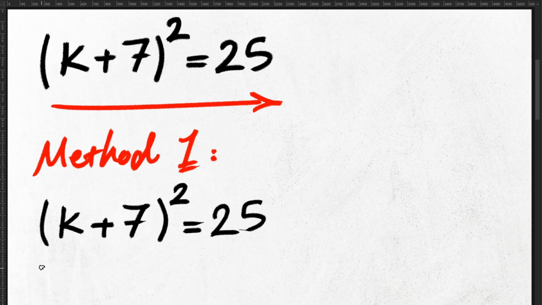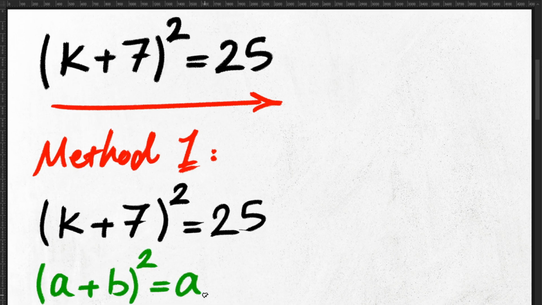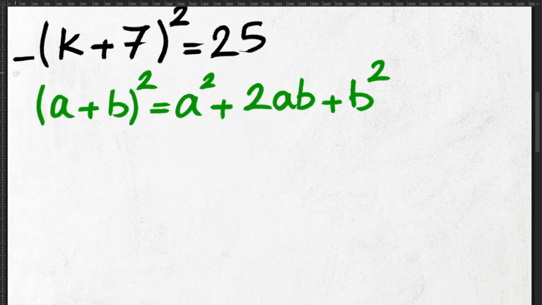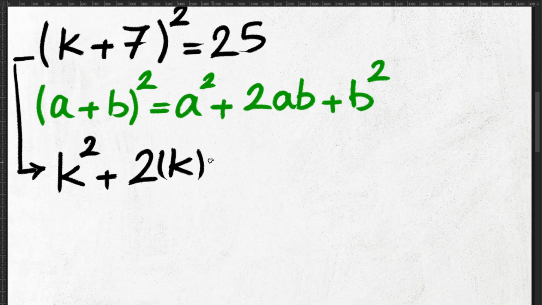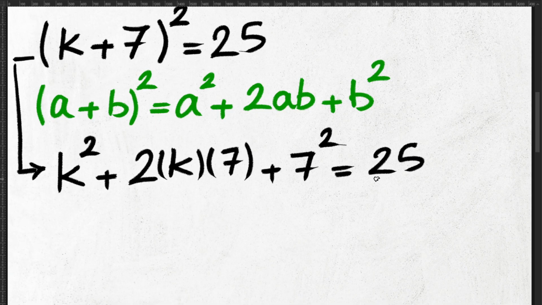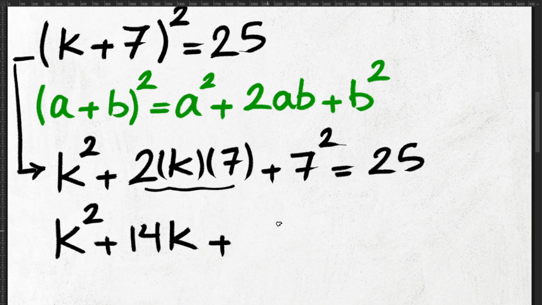Using the algebraic identity (a + b)² = a² + 2ab + b², we expand the equation: k² + 2 times k times 7 + 7² = 25. Simplifying this gives k² + 14k + 49 = 25.